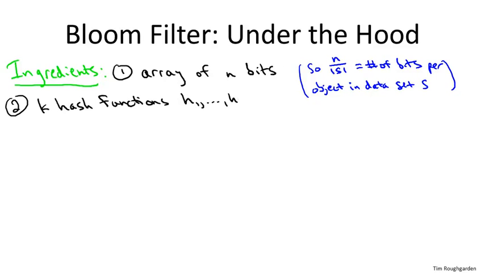So in a Bloom filter, it's important to have not one hash function, but several hash functions. So K is going to denote the number of hash functions in a Bloom filter. We should think of K as some small constant, somewhere around 3, 4, 5, something like that. So obviously it's a little bit more complicated to use multiple hash functions as opposed to just one hash function, but it's really not that big a deal. So recall from our discussion of, say, universal hashing, we had identified entire families of hash functions which work well on average.